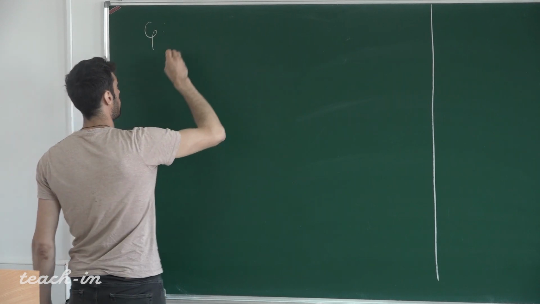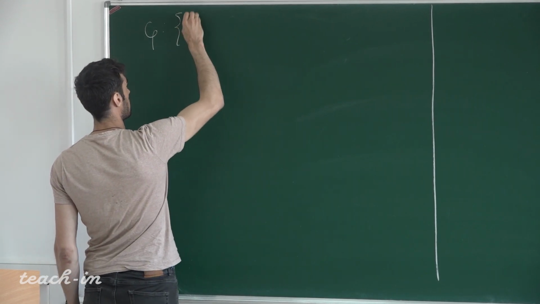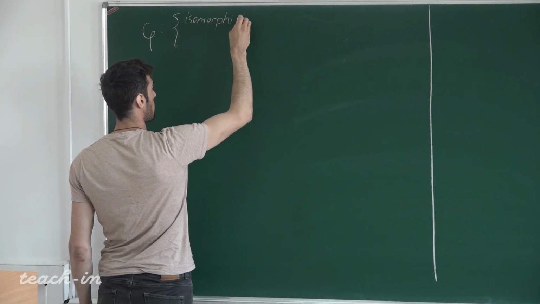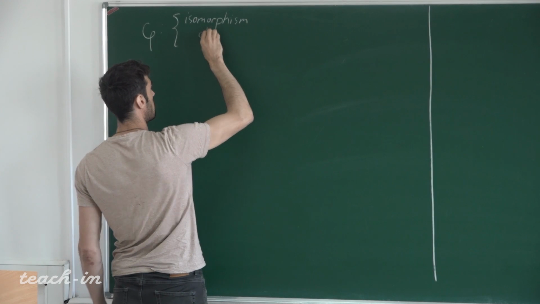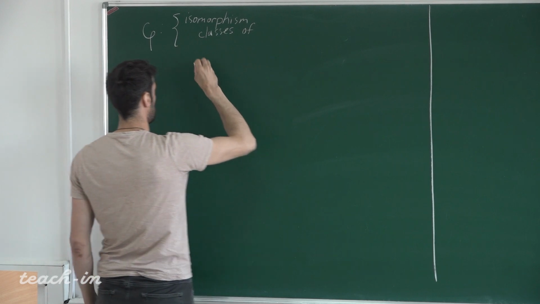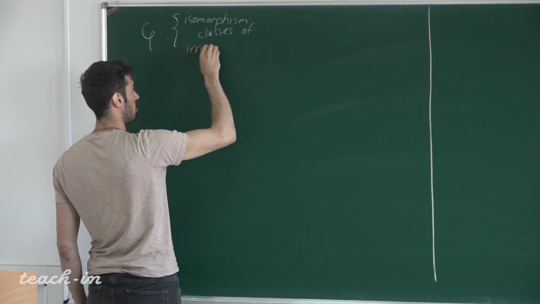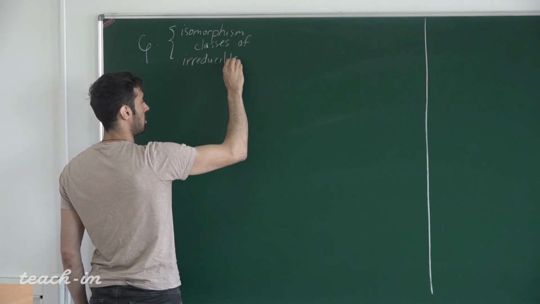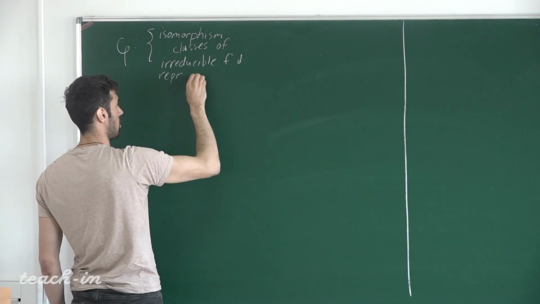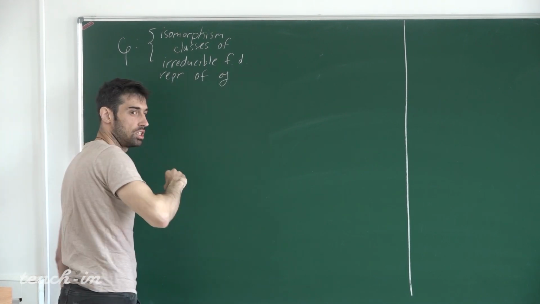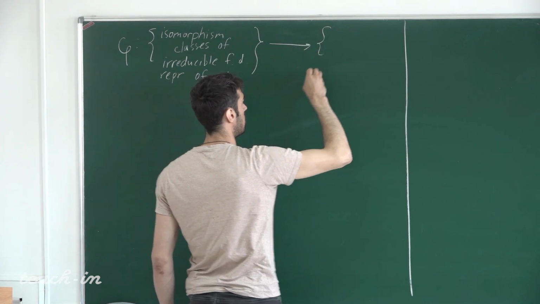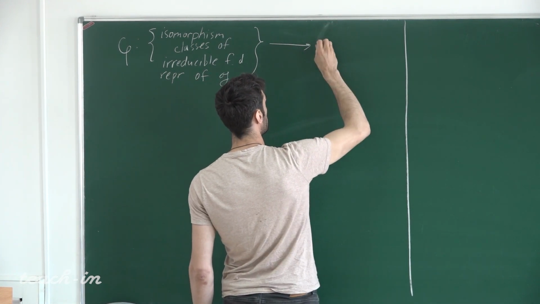I think we called it phi, from isomorphism classes of irreducible finite dimensional representations of semi-simple algebra G to what we called P plus.